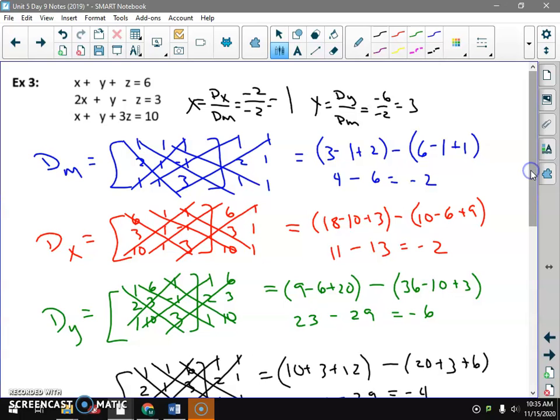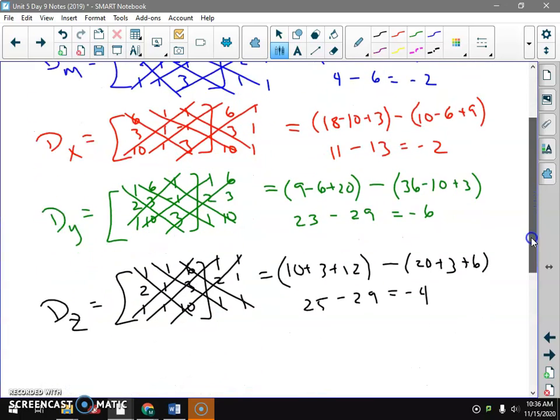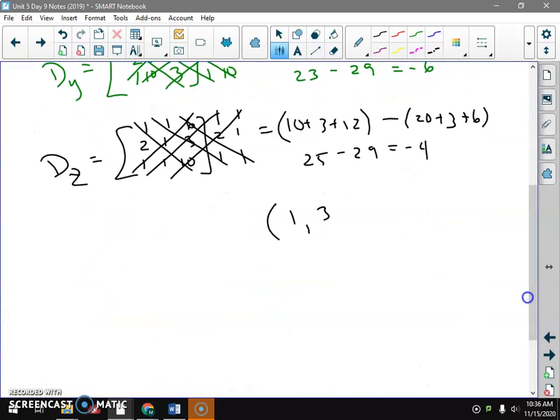Z equals dz over dm. Negative 4 over negative 2, which is 2. So our ordered triple is 1, 3, 2. We could check it back into our system if we need to.